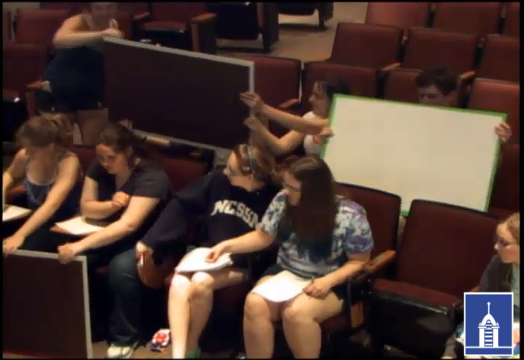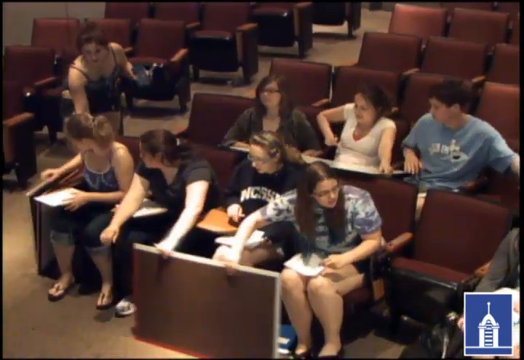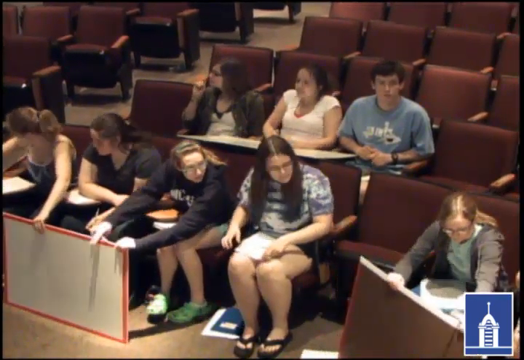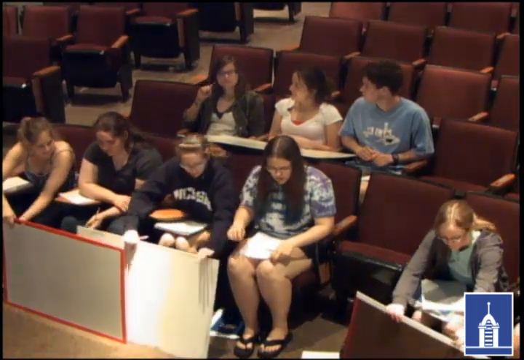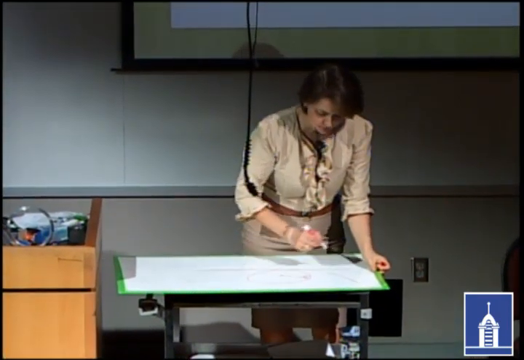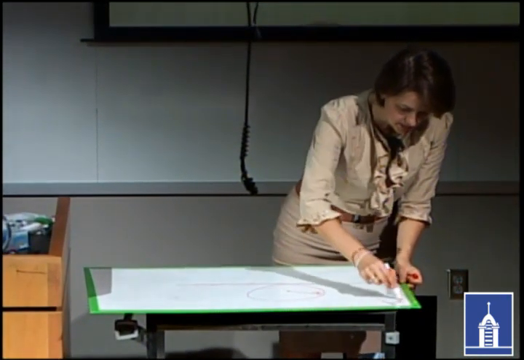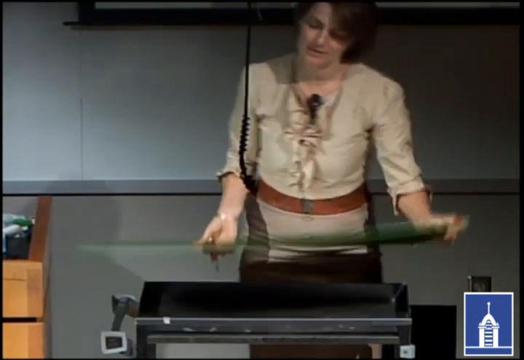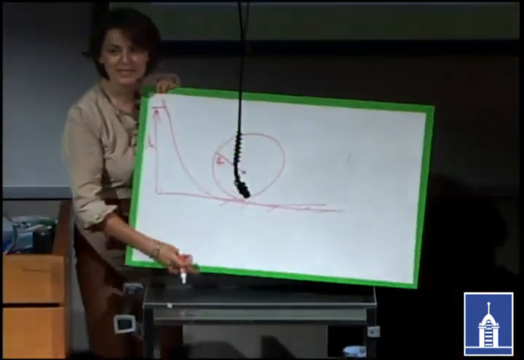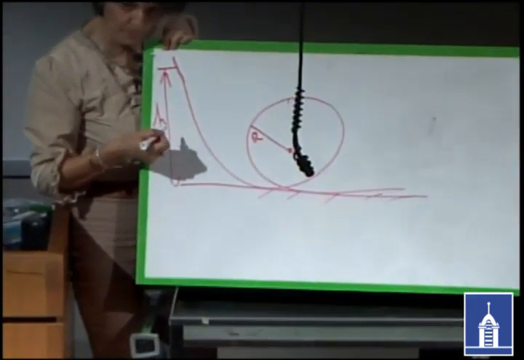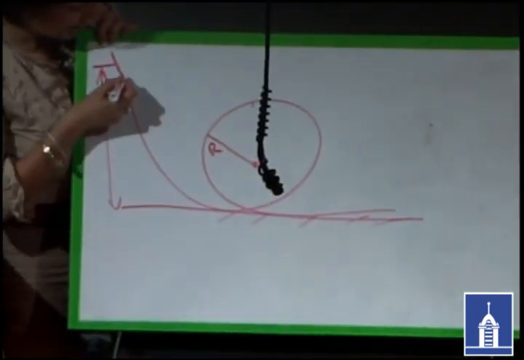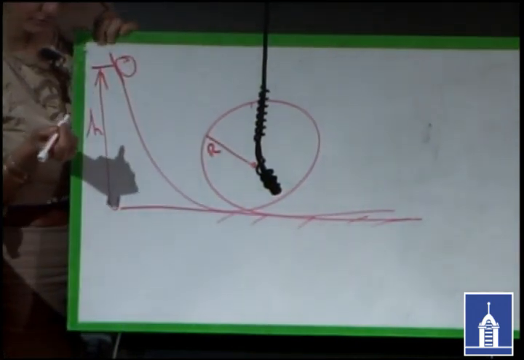Okay, so what we have is this track here, and this is what Katie was able to measure, the radius, and the question is, what is the height we need to release the ball from in such a way for the ball, here is the ball, I will release the ball from here.